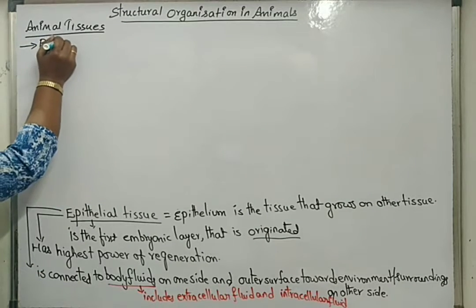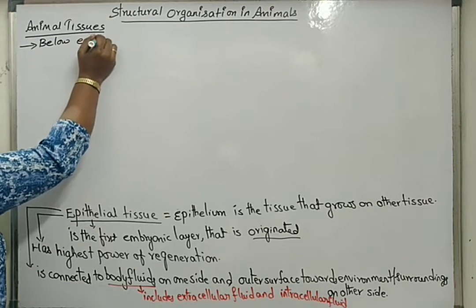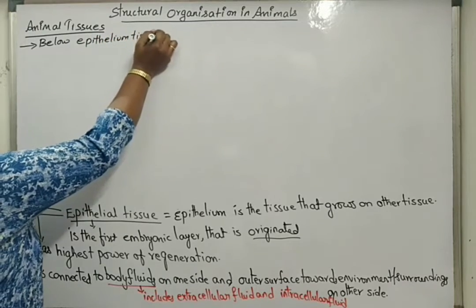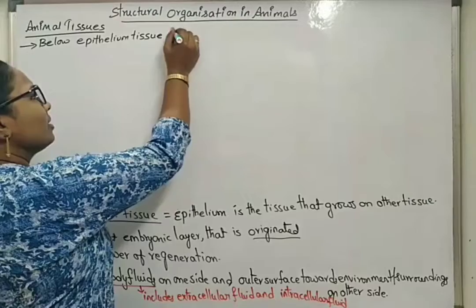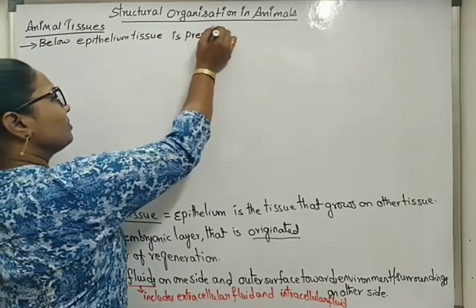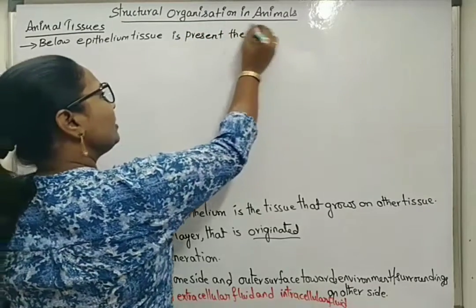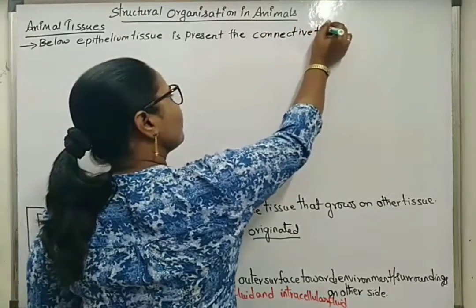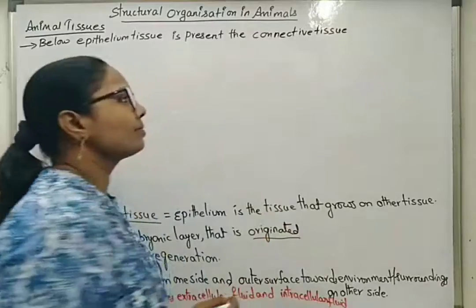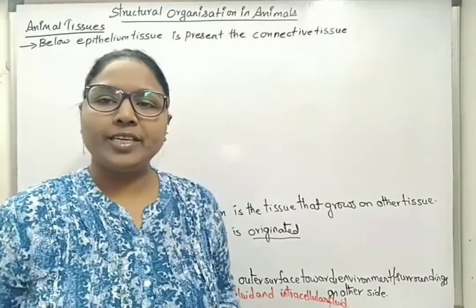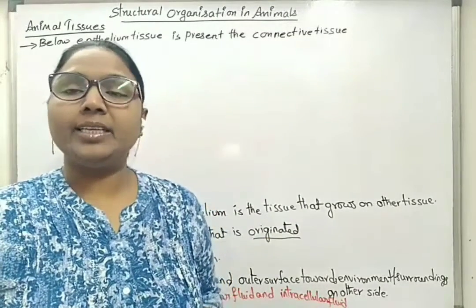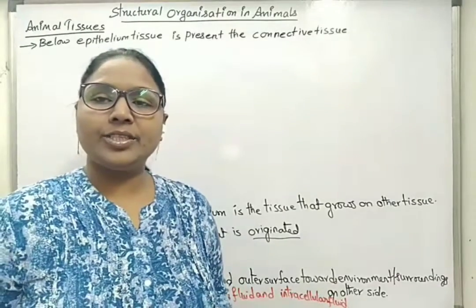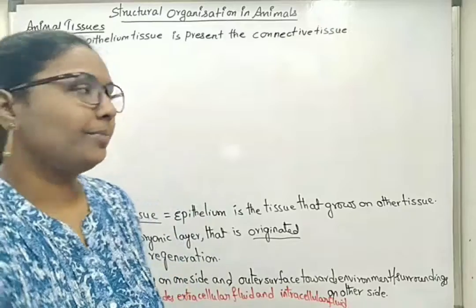Below the epithelial tissue is present the connective tissue. Among the 4 different types of tissues, epithelial tissue is the only tissue in which all the layers are arranged in a uniform way.